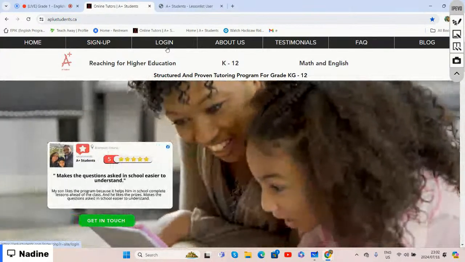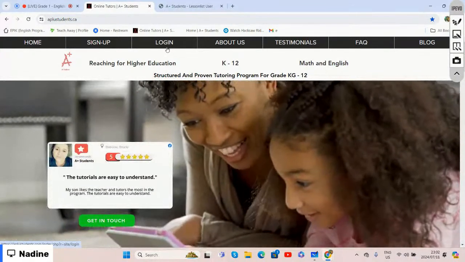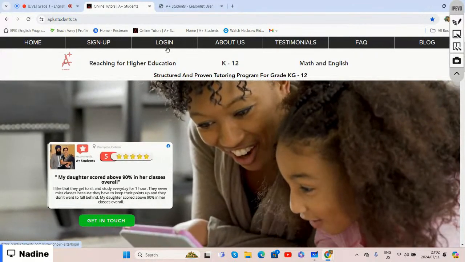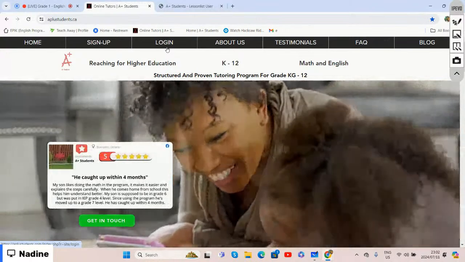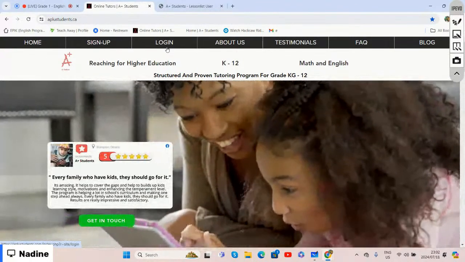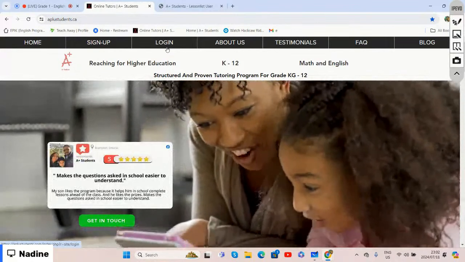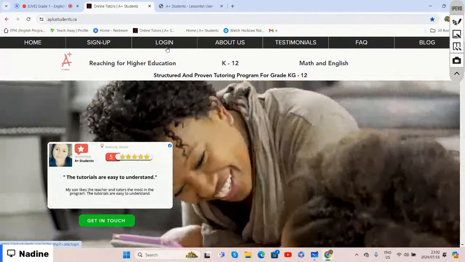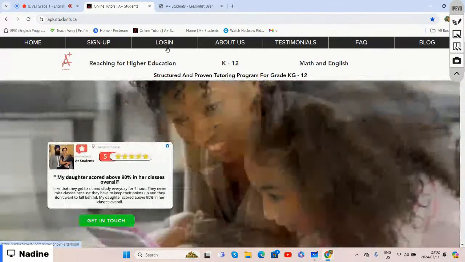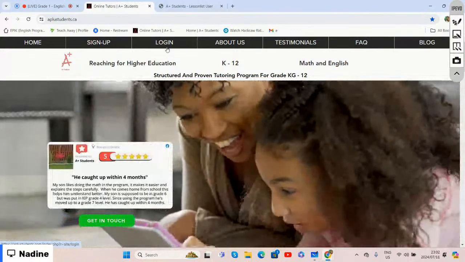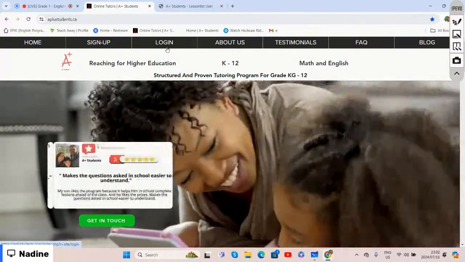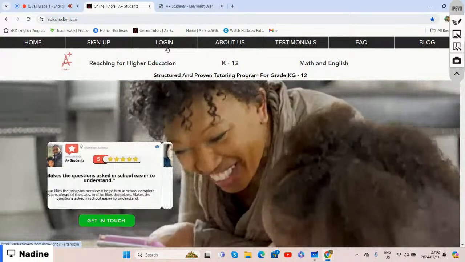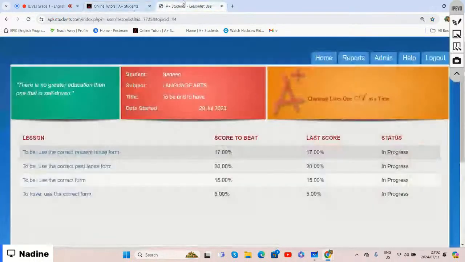Once you've logged on to a+students.ca with our username as well as our password, we're going to select the subject of English Language Arts, grade 1. And then we're going to scroll down up until we get to the chapter of to be and to have.